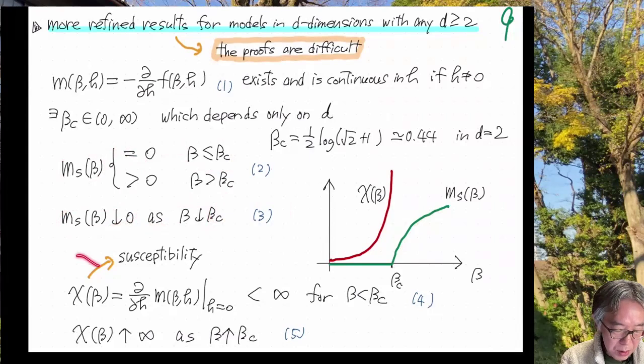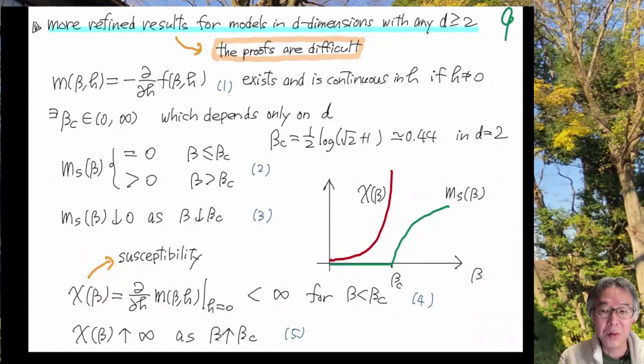Okay, and here's something about the high temperature region with smaller beta. When beta is less than beta_c, we can define something called susceptibility and prove that it is finite. So what is this? Well, this is simply the derivative. So recall that in this high temperature region, M, the magnetization density, is 0 when H equals 0.